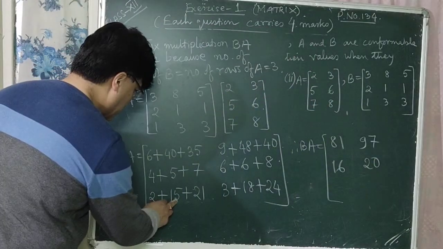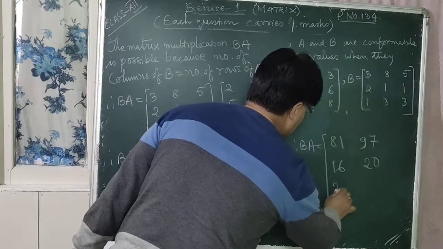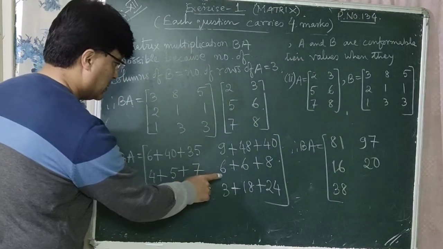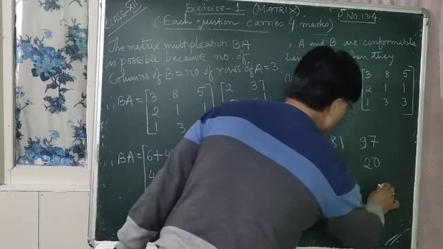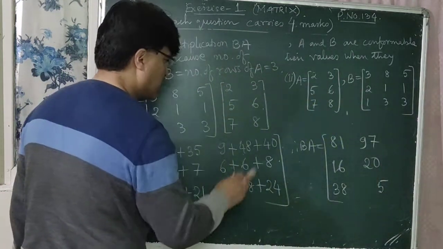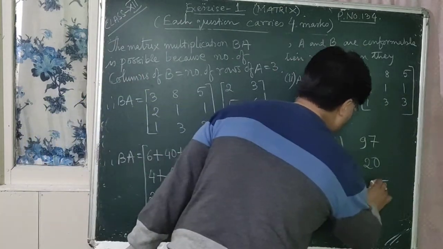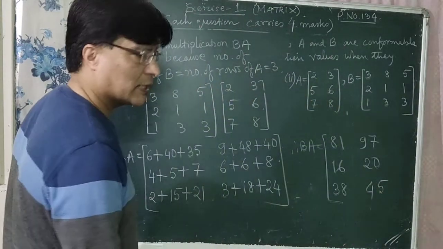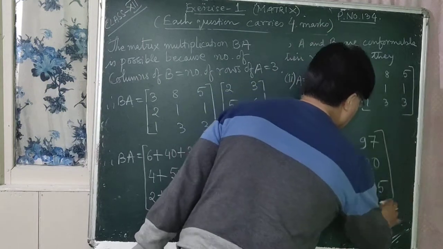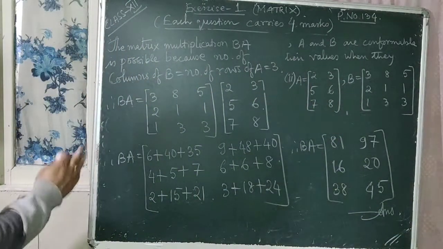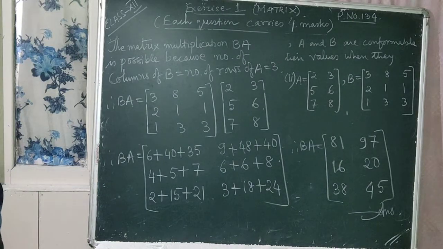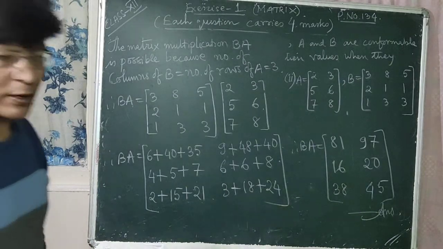Next, 2 plus 5 is 7 plus 1 is 8. And 8 plus 3 is 11 plus 4 is 15. 3 plus 1 is 4. So is that clear? So this is the matrix BA. So I think you have understood it. So let's do the next problem.